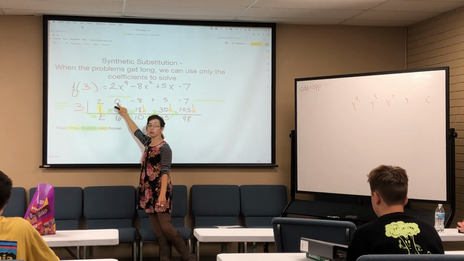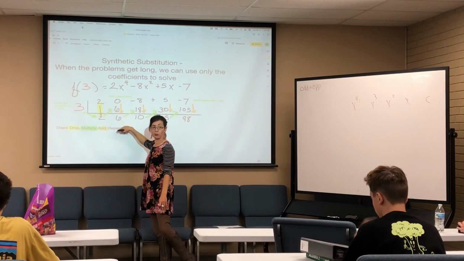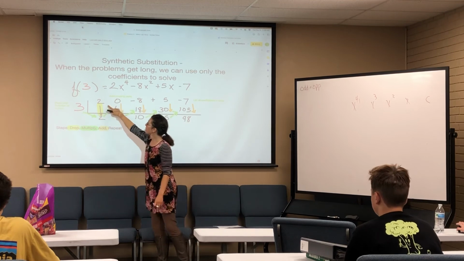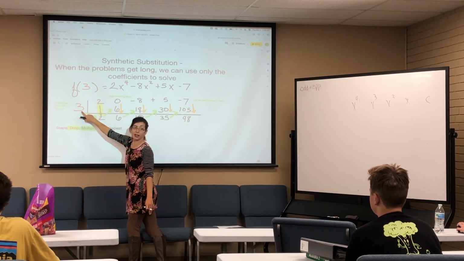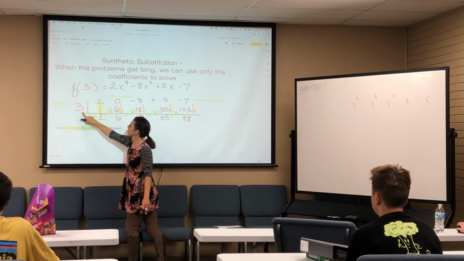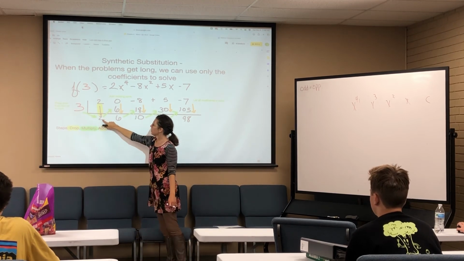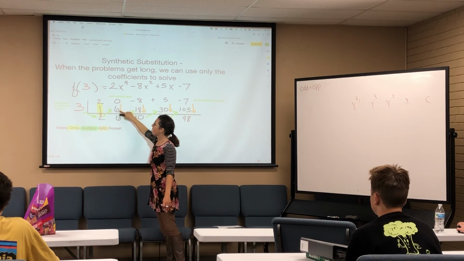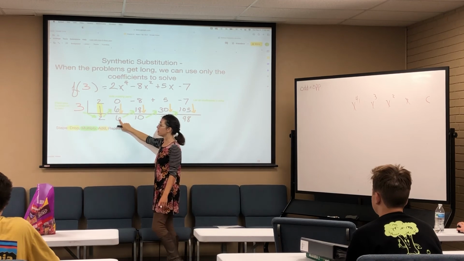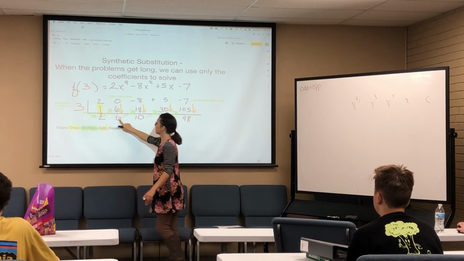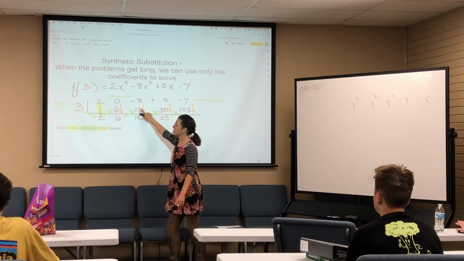Okay, we drop the coefficients down and we start at the beginning, and all we're going to do is drop and multiply. Drop, multiply, add, and we just kind of zigzag our way back. So this 2 drops down. I'm using the number that I had for 3. I'm going to do 3 times 2 is 6. Now I add these two together and I start it over again. 0 plus 6 is 6. Now I get 3 times 6 is 18.